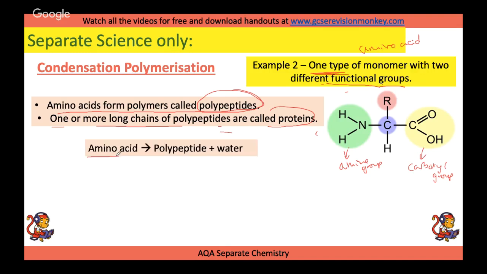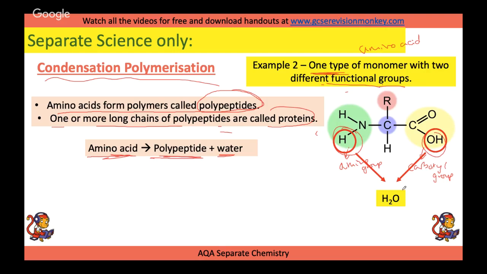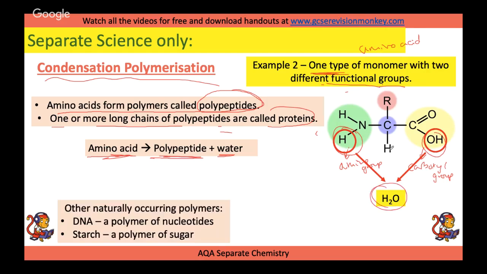So amino acids are going to join together to make a polypeptide and water in our condensation polymerization reaction. This is where the water comes from. You can see the hydrogen here, hydroxide here, coming together to make water. So that's the second example of condensation polymerization.